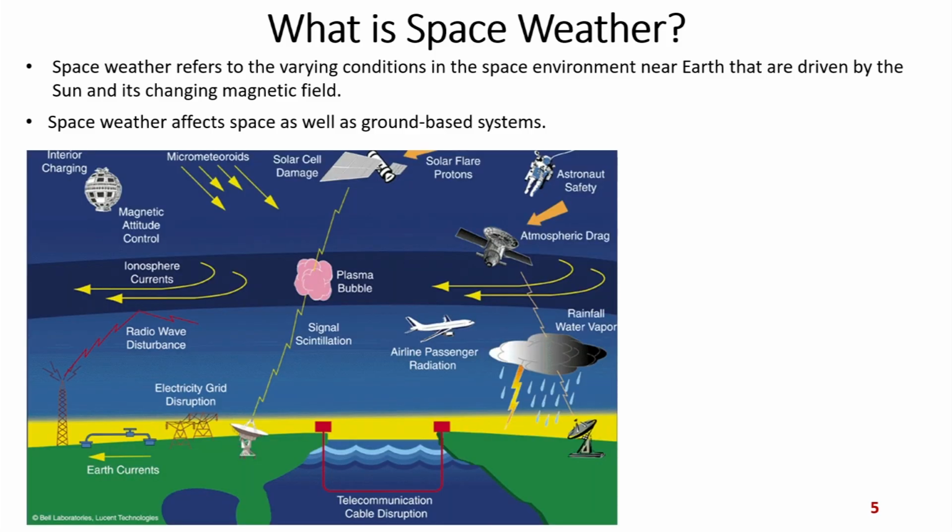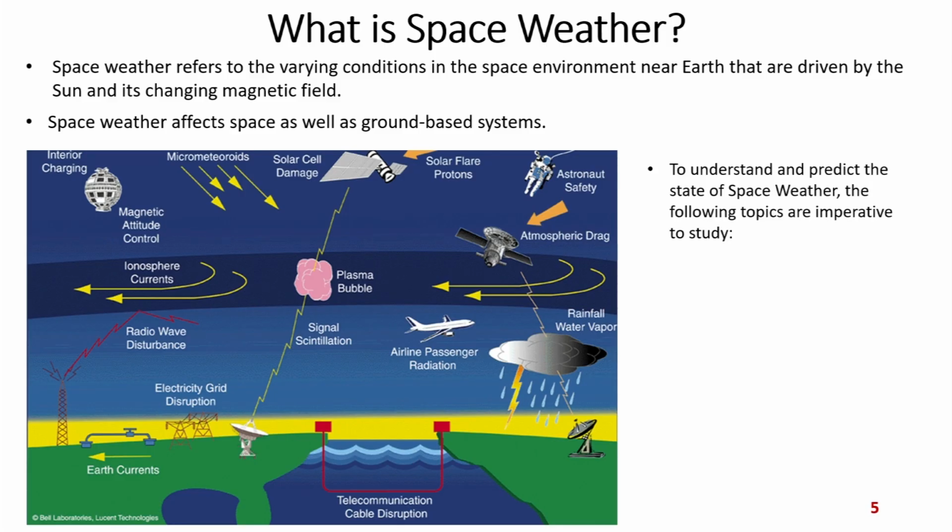You can see it from this picture, because whenever we do wireless communication from satellite to ground, it goes through the ionosphere. Because of the varying space weather conditions, there are changes in the ionospheric conditions, and that disrupts a lot of signal conditioning.